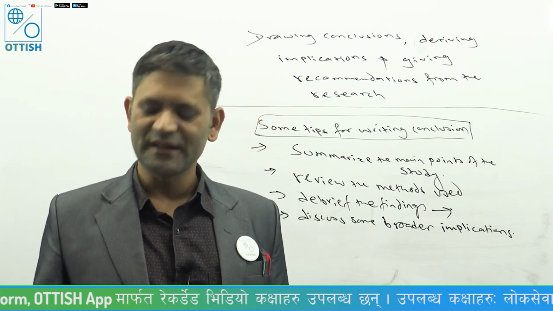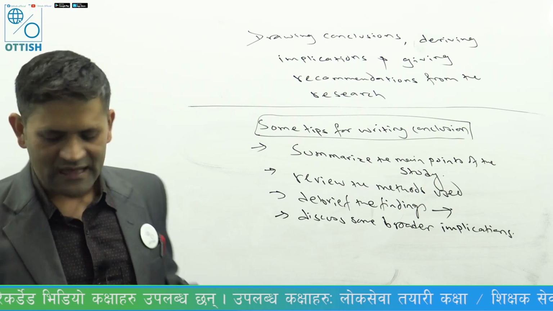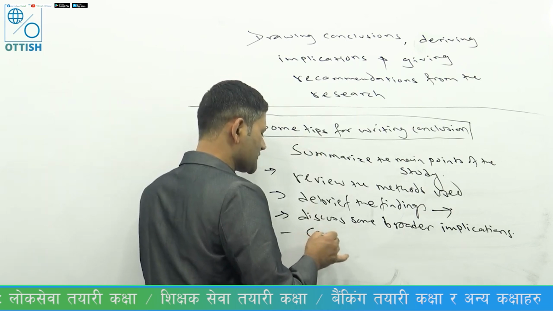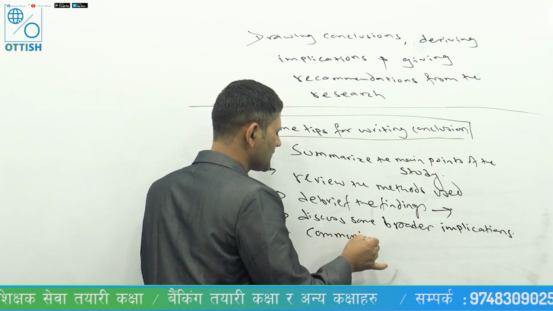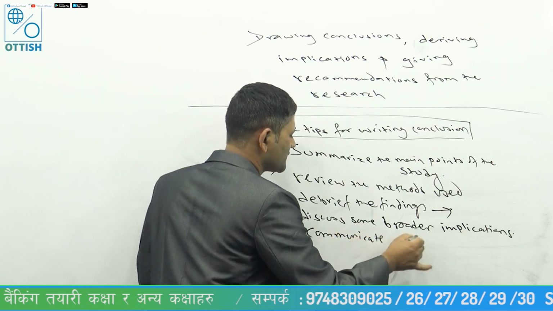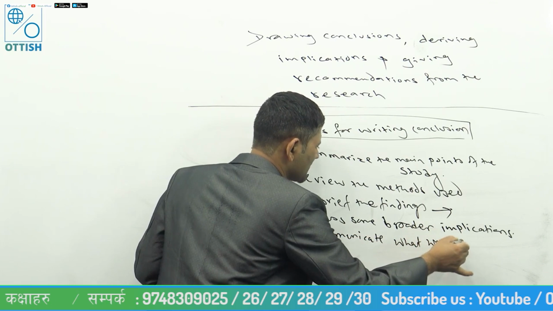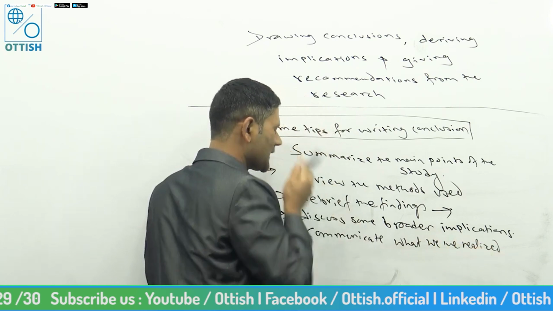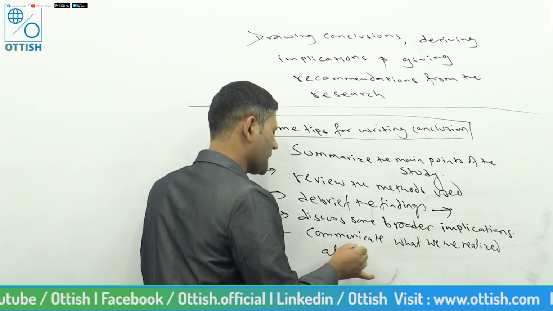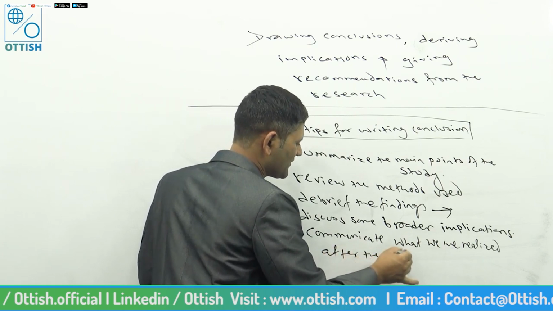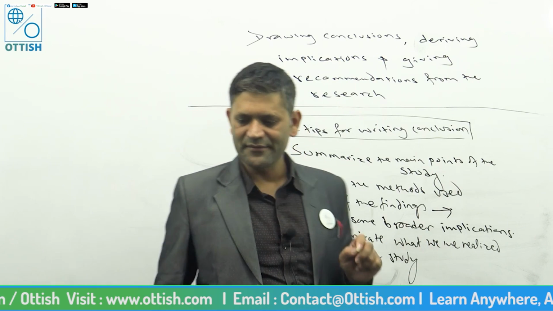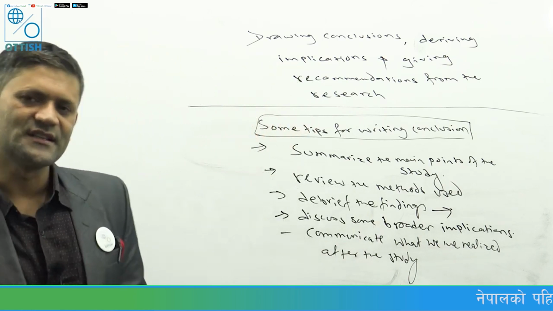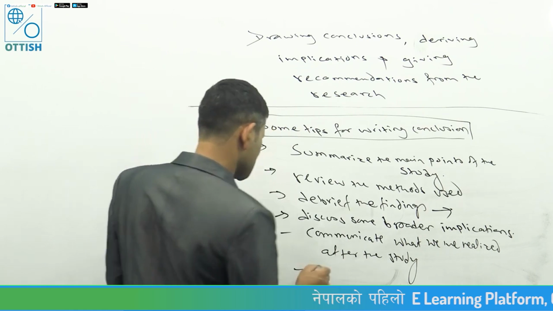Then we need to communicate what we have realized after the study. In writing conclusion, we have to communicate what we have realized after the study, and we can offer some suggestions for further implications.